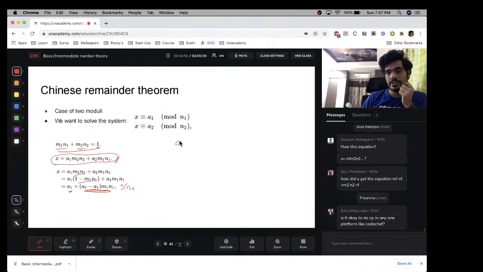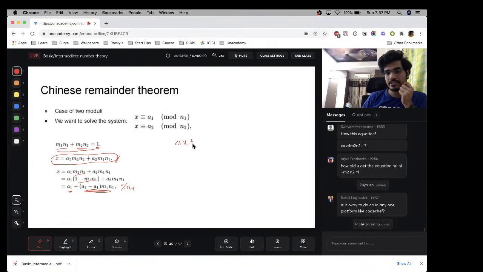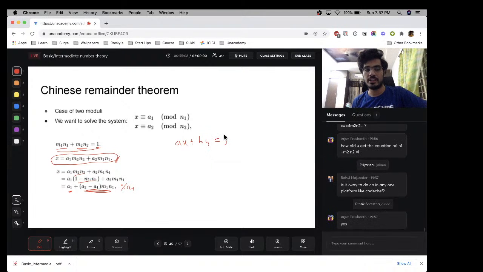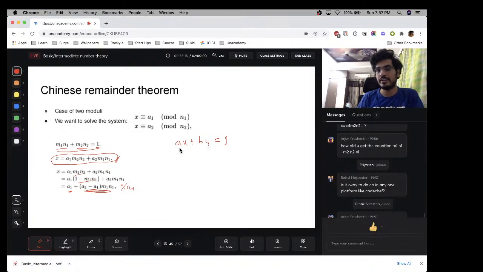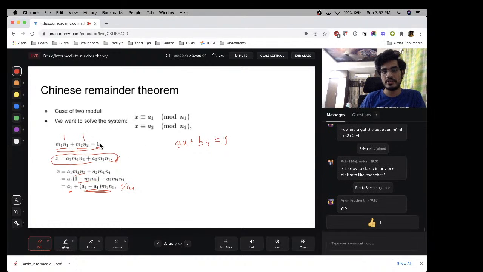We already found this, right? ax plus by equals GCD of a comma b. We already know that this can be solved using Euclid's extended algorithm. Since a and b are coprime here, a and b are n1 and n2, and the GCD is 1, the right hand side is 1.